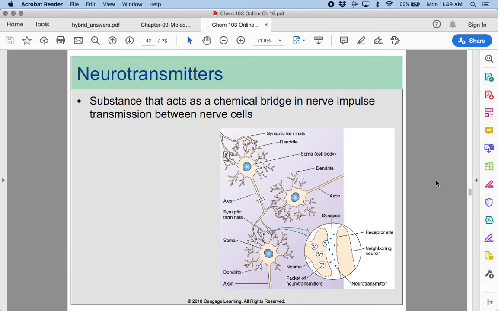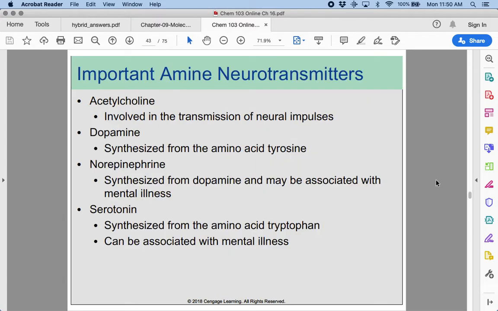The other really important biological aspect of these nitrogen-containing compounds is their importance in our bodies. They are really a part of our nervous system. So nitrogens are part of our neurotransmitter system within our bodies. Again, we'll be talking primarily about these nitrogen-containing compounds when we get to our biological section.